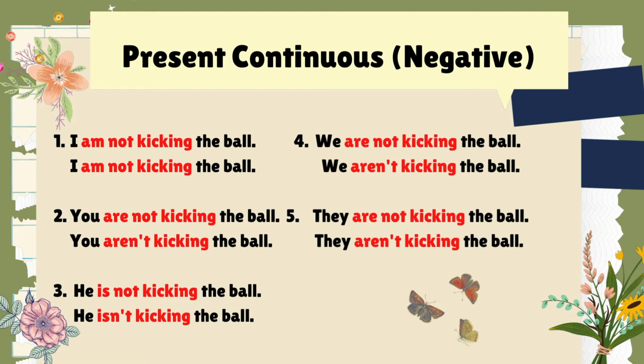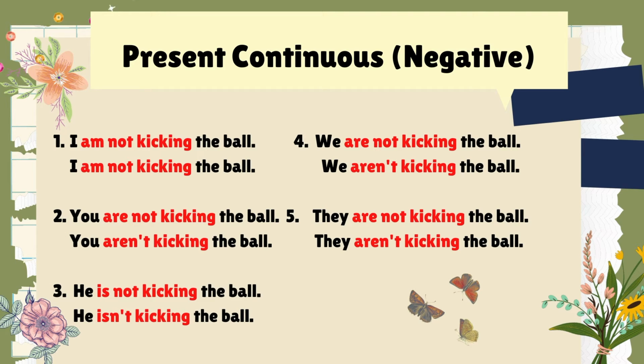Let's take a look at the example. I am not kicking the ball. That's right. There's no difference between short form and full form for I am not, so you just need to write the same for full form and short form. Number 2, you are not kicking the ball. You aren't kicking the ball.